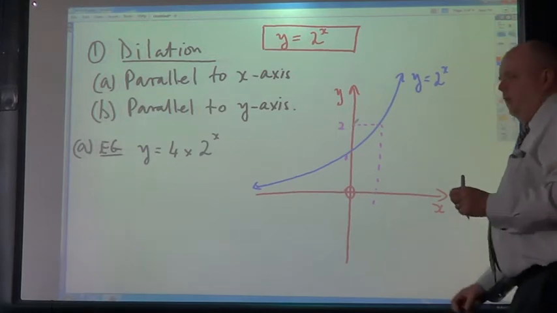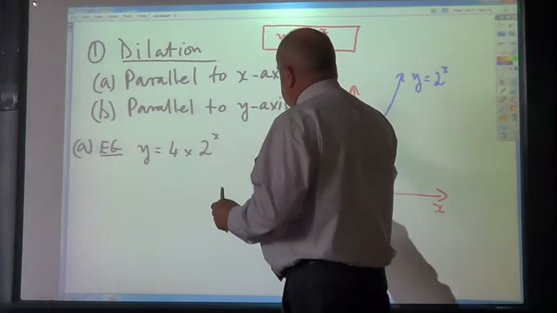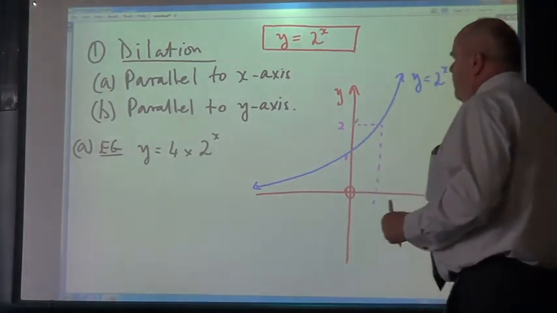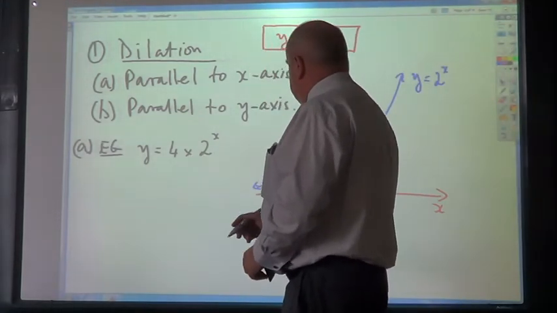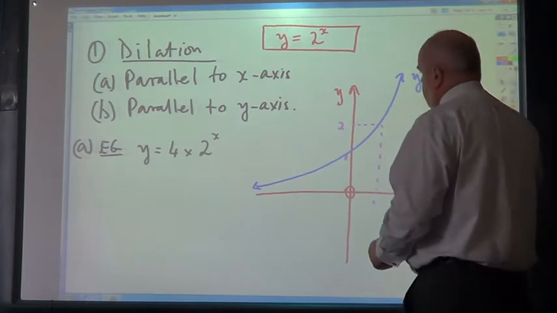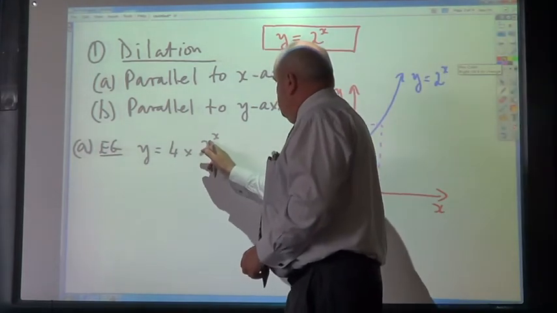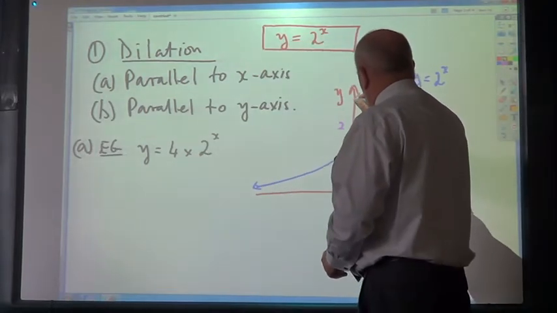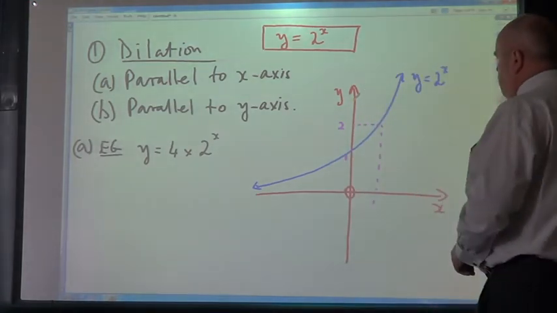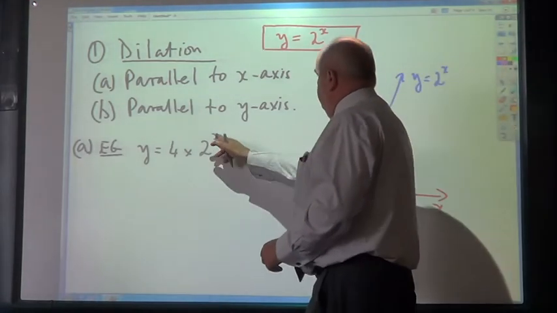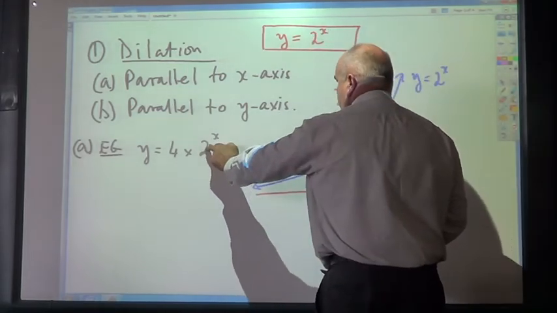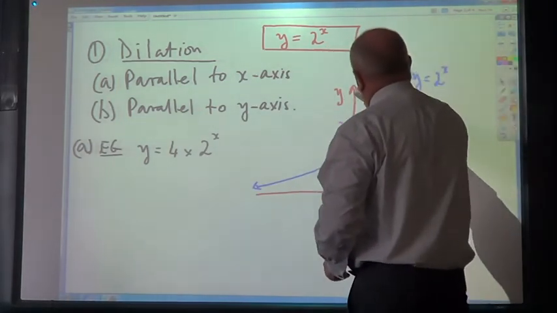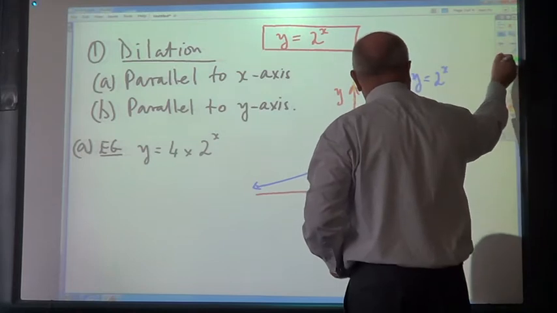Now, let's have a look at the graph when we start multiplying it by numbers greater than positive 1. Plotting this quickly, when x is 0, I've got 4 times 1 is 4, so up there. When x is 1, 2 to the power of 1 is 2, 2 times 4 is 8, so I'd have to extend this up.